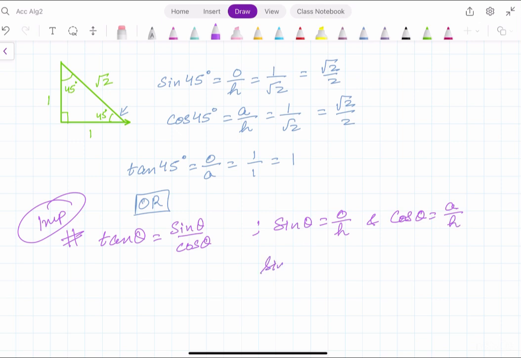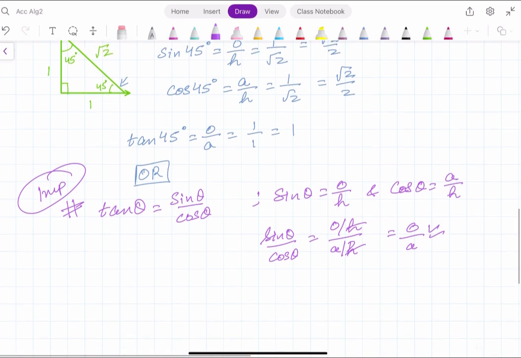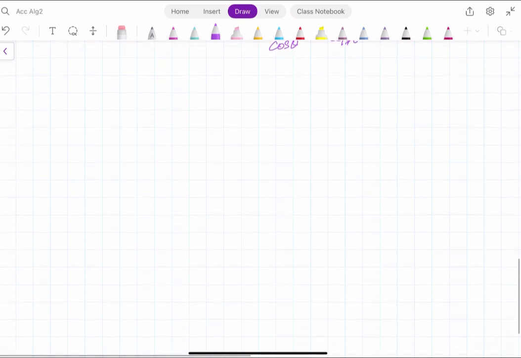Sine theta over cos theta is opposite over hypotenuse divided by adjacent over hypotenuse. As you can see, hypotenuse is common, so I can cancel it out. What is left is opposite over adjacent, which is nothing but tangent theta. This property is very, very helpful, so make sure you write it down in your notebook. The other thing from geometry that you might recall is the cofunctions of complementary angles.